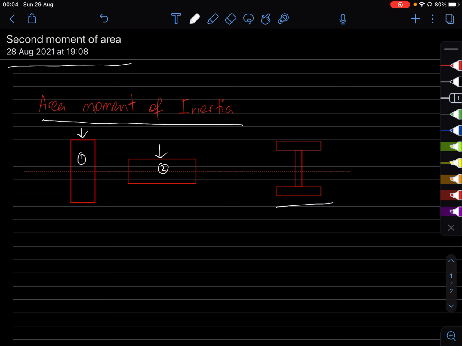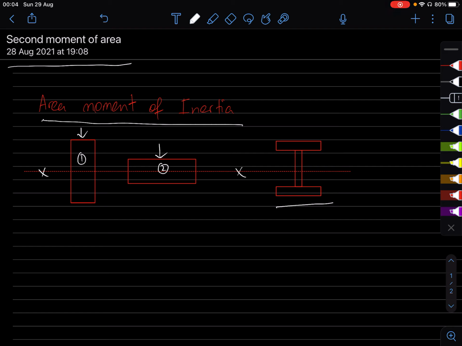Which object do you think would perform better in bending? By better, I mean, which would you think would deflect the least? I think you'll find that object 1 is probably the stiffest object, and object 2 would bend quite easily. So we're talking about bending on their x-axis, and that's key here. That's what we're going to discuss.